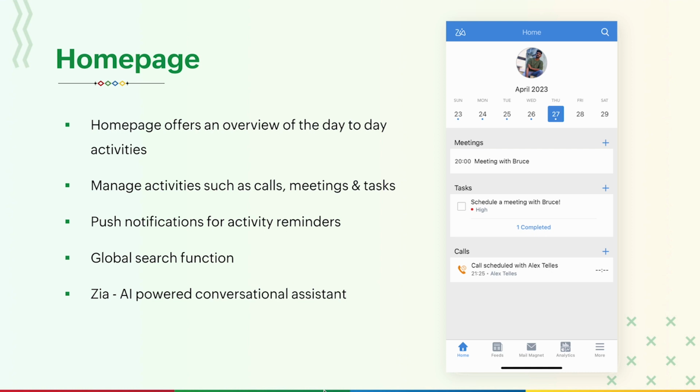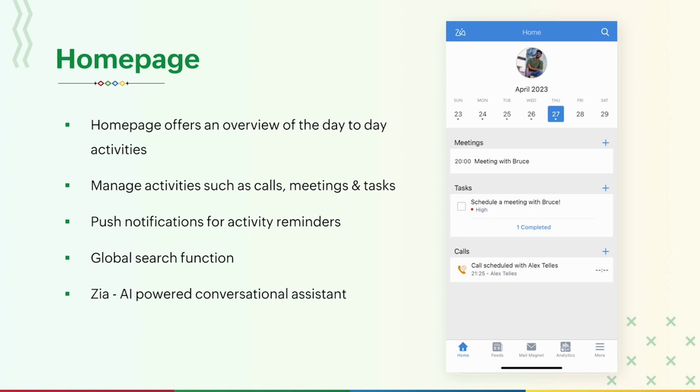Homepage. The homepage of the CRM mobile app is the first screen that we land upon after signing into the app. The homepage can be effectively used to take a quick glance at the day-to-day activities such as tasks, meetings, and calls. It also helps to manage the activities and to plan your day and be as productive as possible.